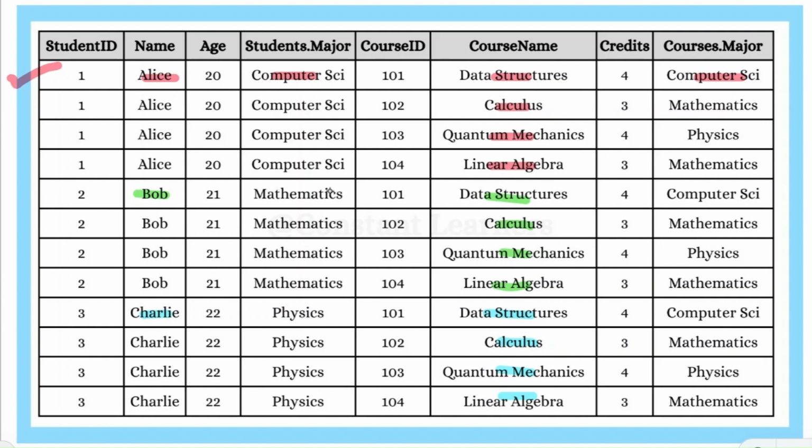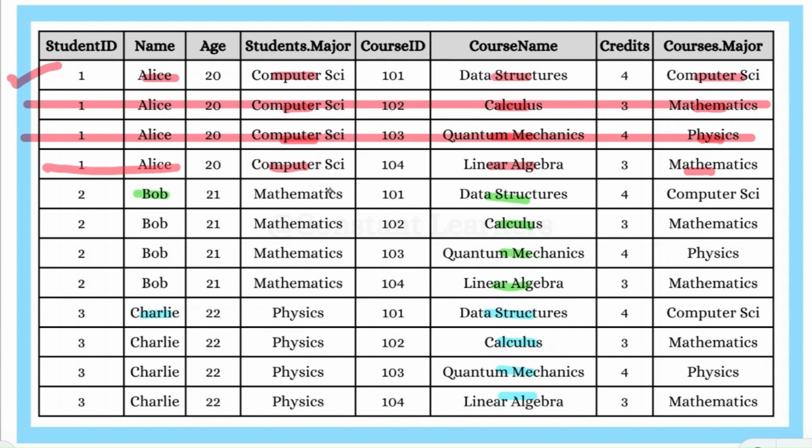Next we have Alice with computer science, but here the major is mathematics. Can there be 2 different majors for one student? No. So this entire row will be eliminated. Correct? Next, Alice has computer science, but here she has physics. Again, this entire row will be eliminated. Then computer science with mathematics. Again, the entire row will be eliminated.